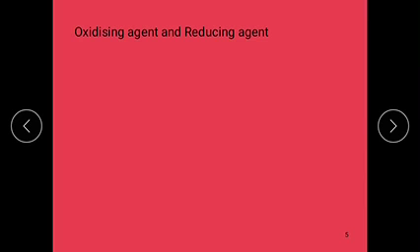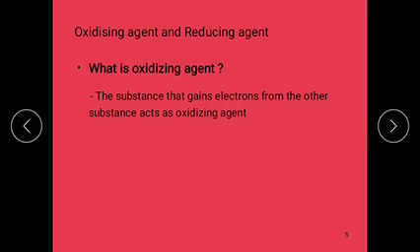In this concept, we have to discuss what the oxidizing agent and reducing agent are. What is the oxidizing agent? The substance that gains electrons from another substance acts as the oxidizing agent.